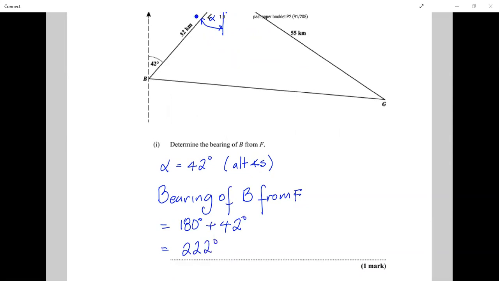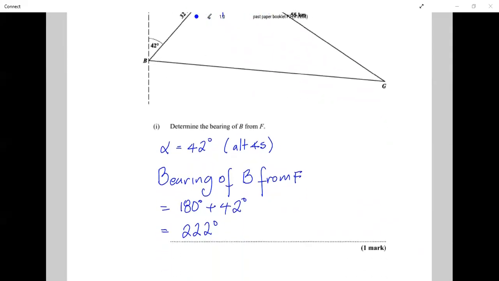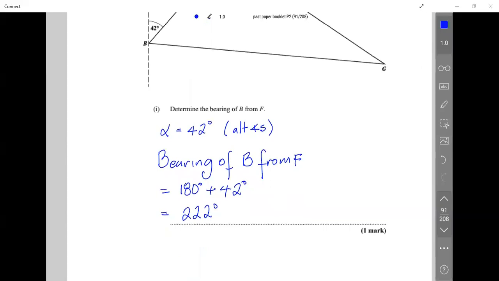The bearing of B from F is 222 degrees. All right, so that's the first thing. Let's turn the page and see what they want next.